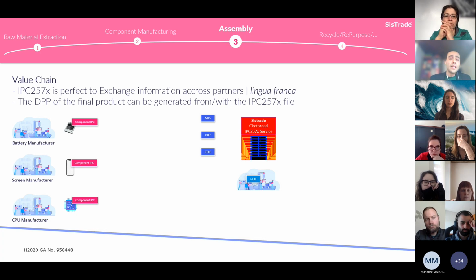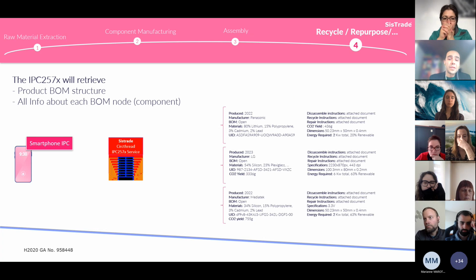And then for the, I would say, not really the end of life, because we are talking about the loop, but if we go to the recycle or repurpose, as soon as a smartphone reaches the recycler, the recycler would like to know more about the smartphone.